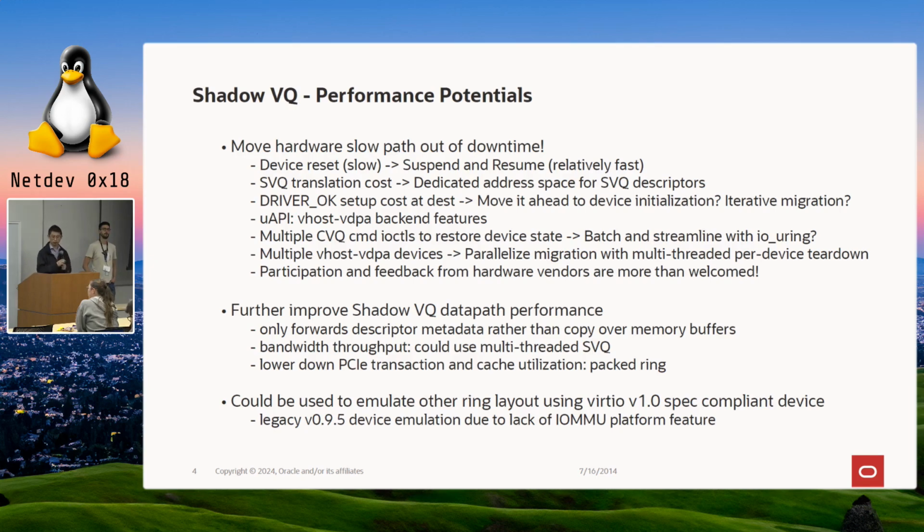We still have a plan to enhance that, because in theory it just needs to forward or rewrite the metadata rather than copy the memory. So basically, it's a zero memory copy case that we can enhance with techniques like multi-threading, or we can resort to packed ring support, for better cache utilization and less PCIe transaction pressure.